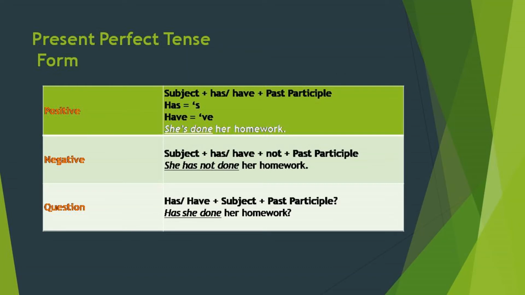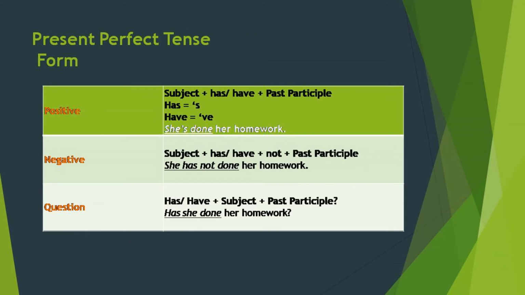The third type of present tense is present perfect tense, which we use when something happened in the past and the result still exists. Okay, things happened in the past, but the result is yet existing.